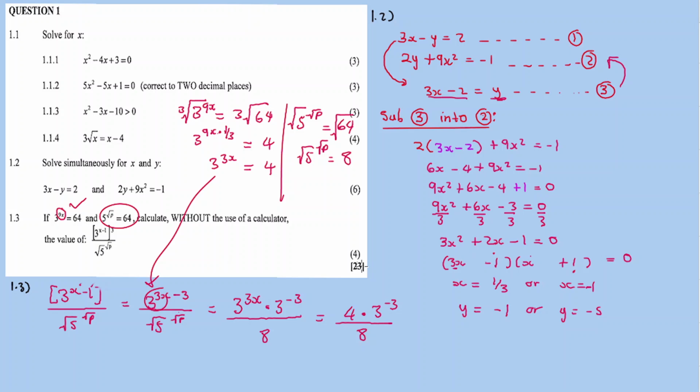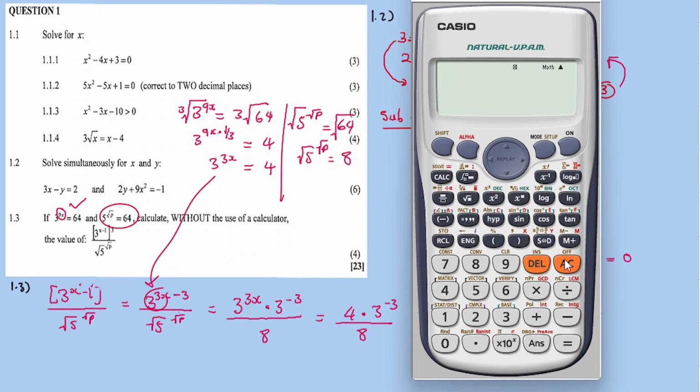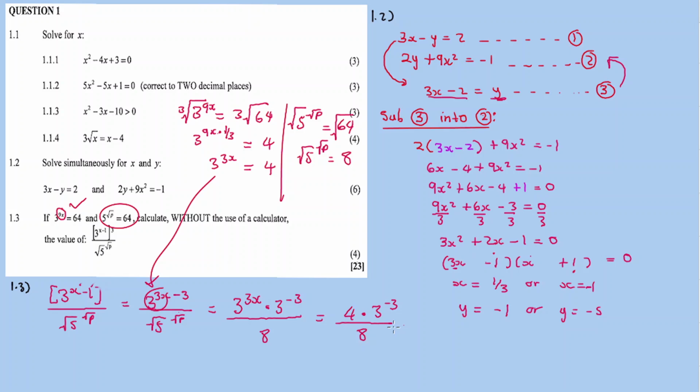This makes sense again. I go to the value of 4 here, right? That's a suicide mission again. Times 3 raised to exponent minus 3 divided by 8. It's 1 over 54. 1 over 54 is your answer for 1.3.